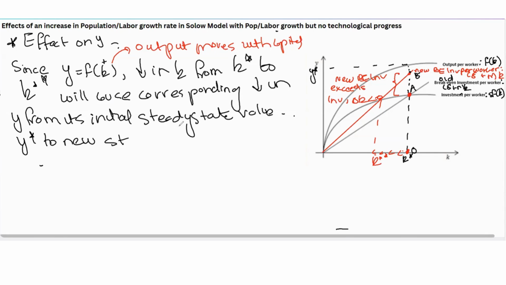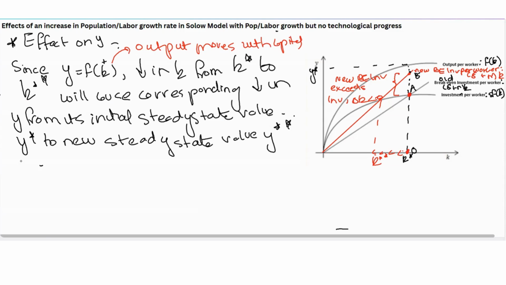So we know output moves with capital. If capital per worker decreases from k star to k double star, there will be a corresponding decrease in y from y star to the new steady state value y double star, right?